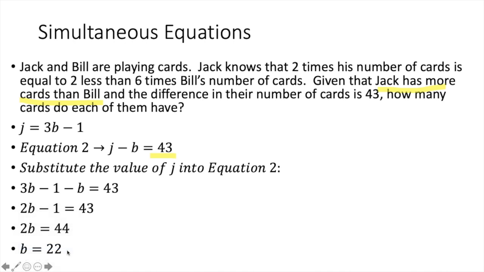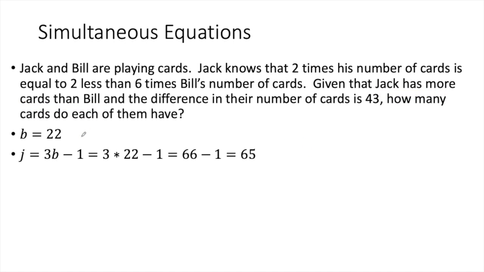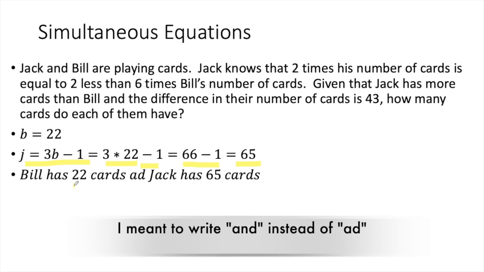So now we do that, and we see that j is equal to 3 times 22, where b is 22, minus 1. And this is equal to 66 minus 1, which is equal to 65. So this means that Bill has 22 cards and Jack has 65 cards.